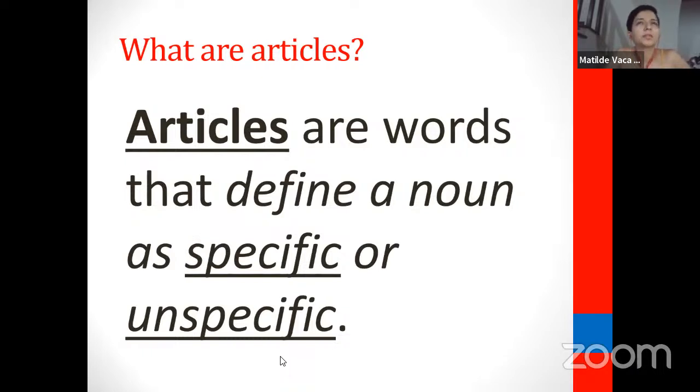Well, I would say if I say just "people", I'm talking in general. But if I use "the", it's maybe a group that I already know.